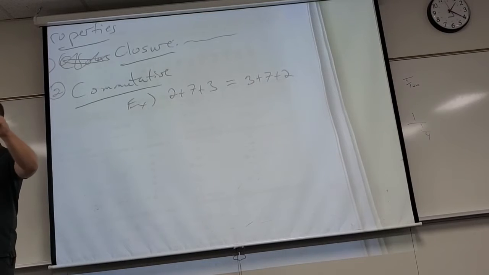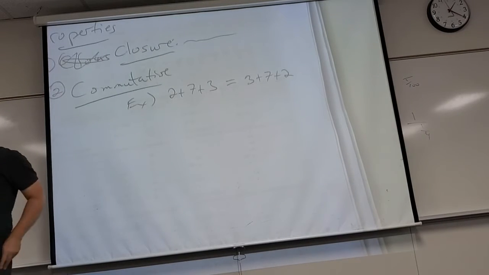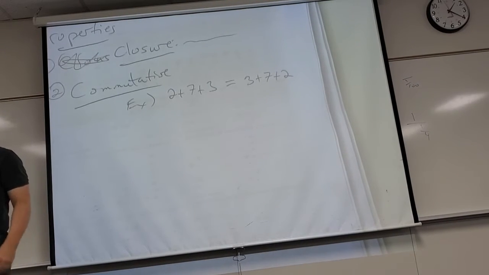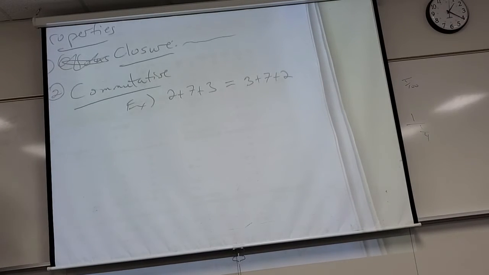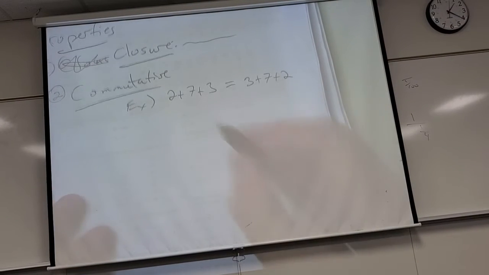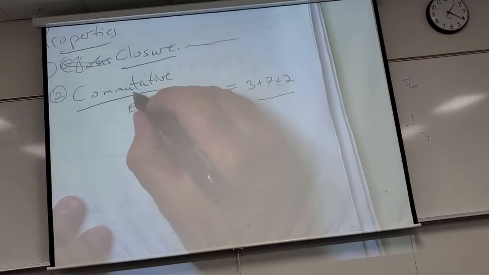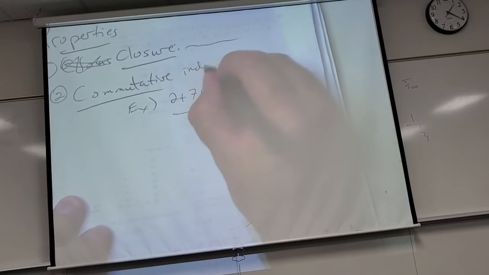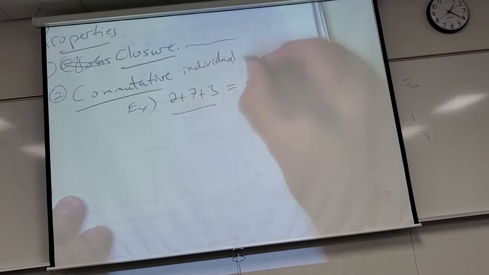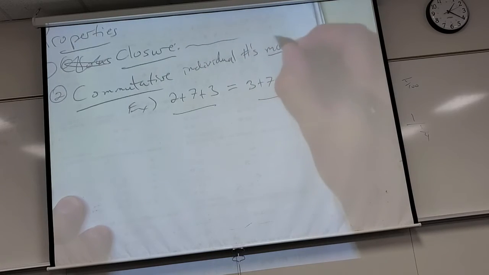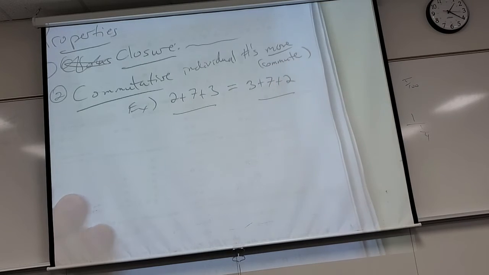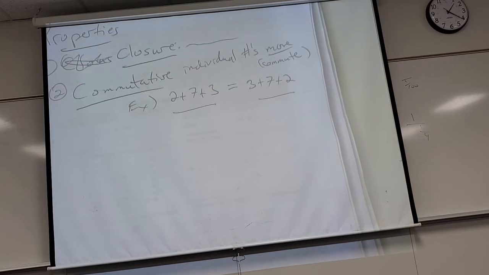The 2 went over there, the 3 went to this house. So that's an example of the commutative property. This is where individual numbers move, commute. So that word actually makes sense.